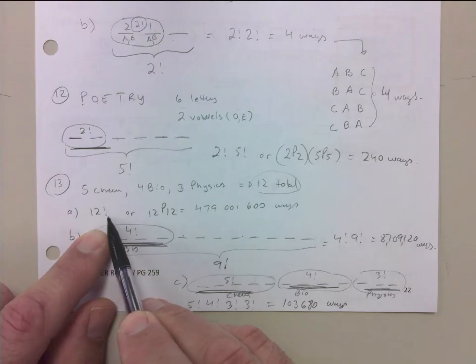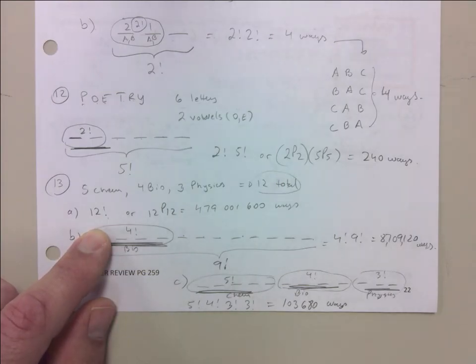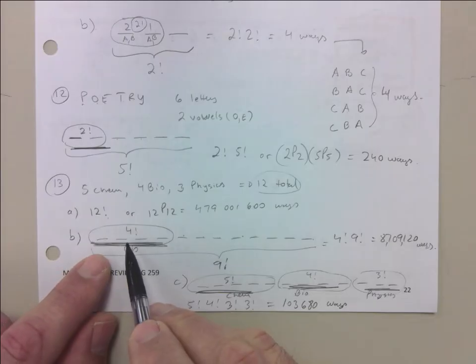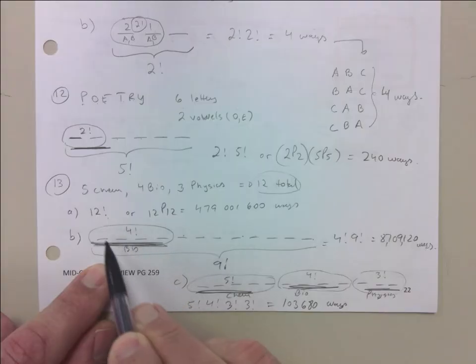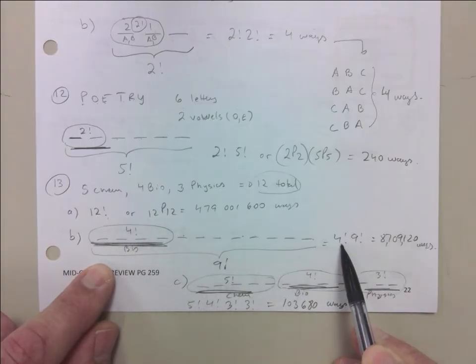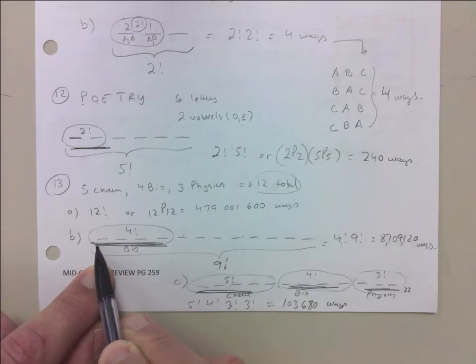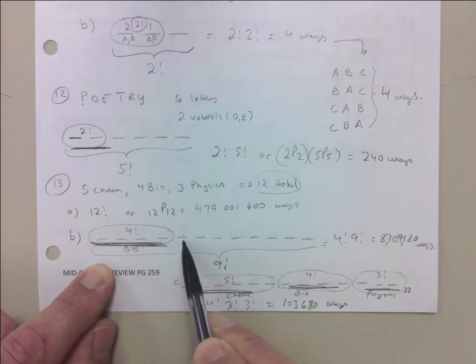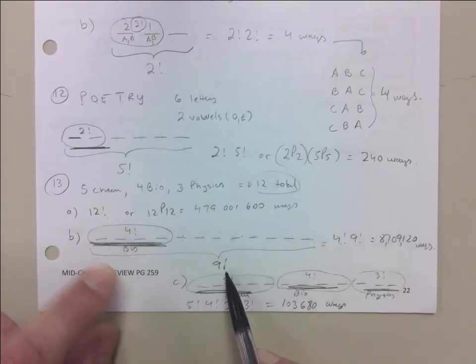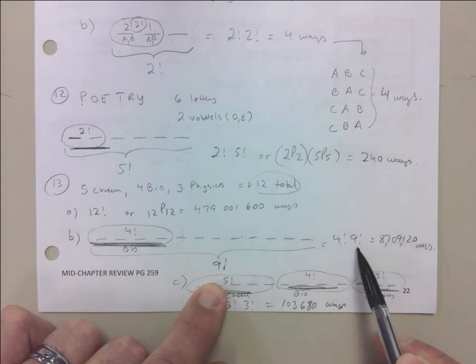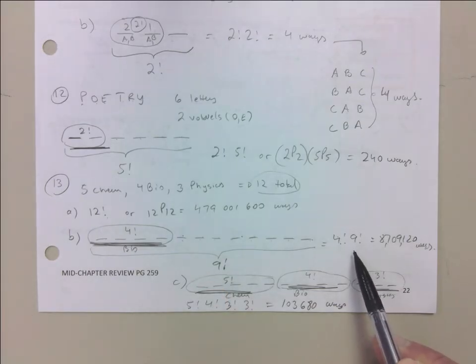So it's 12 factorial, right? 12 books that need to be put on the shelf. So it's almost like lining up for a picture side by side, right? If you wanted all of the biology together, this is your bio, there's 4 of them. So you have 4 factorial. Then you zoom out and it's 1, 2, 3, 4, 5, 6, 7, 8, 9 slots remaining. That's the zooming out. That's 4 factorial, 9 factorial, okay?